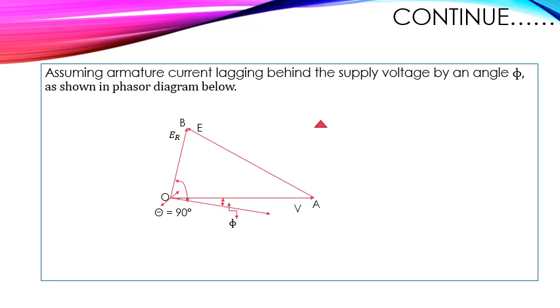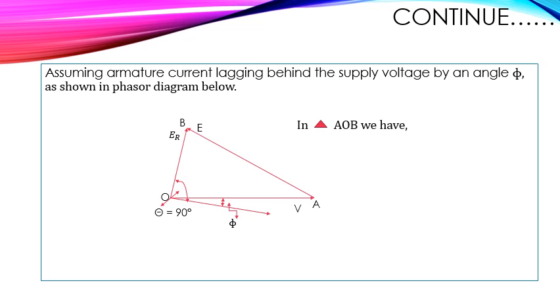Right, so assuming the armature current lagging behind the supply voltage by angle phi, as shown in the figure, that is the phasor diagram. Take V as a reference, then show the current lagging behind V by angle phi, right? Then show the vector, that is the impedance drop ER, at 90 degrees to the current vector, and then the resultant is E, right?